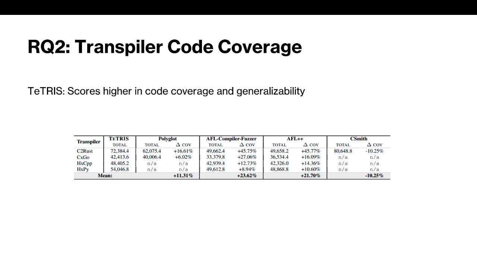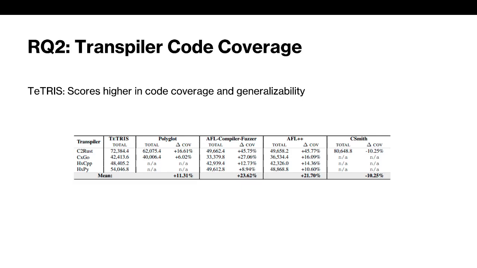For our second research question, the code coverage, once again, TeTRIS scored very high in the code coverage and generalizability. This table shows the amount of extra code coverage that it was able to achieve compared to the other fuzzers. Polyglot scored well, but it did not support all the transpilers.